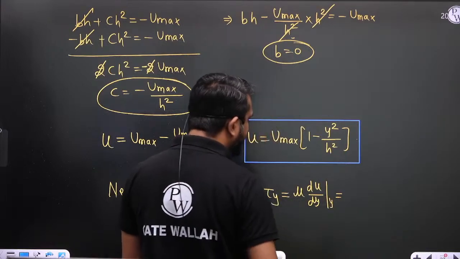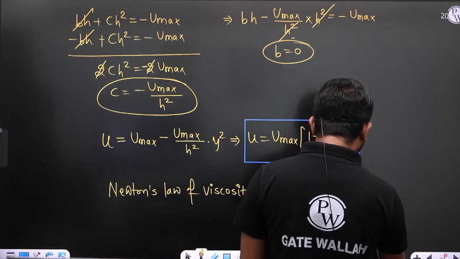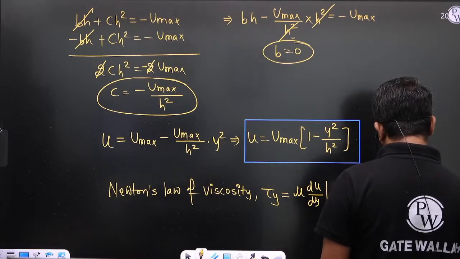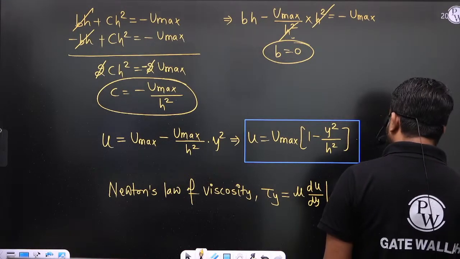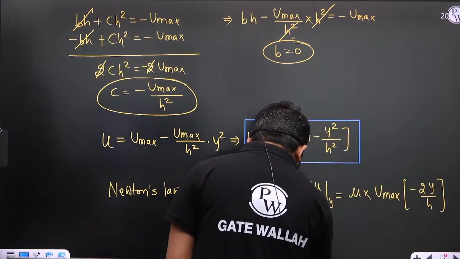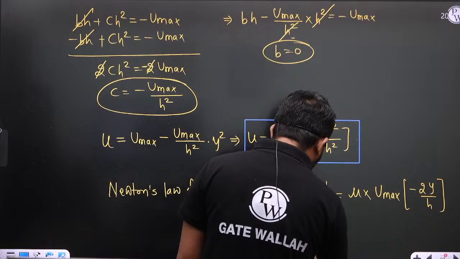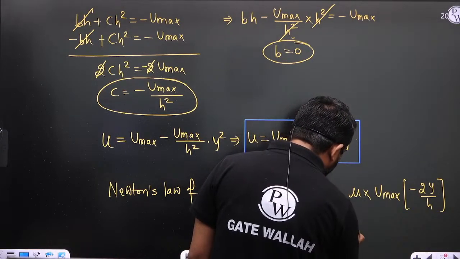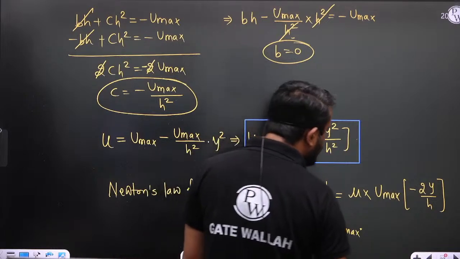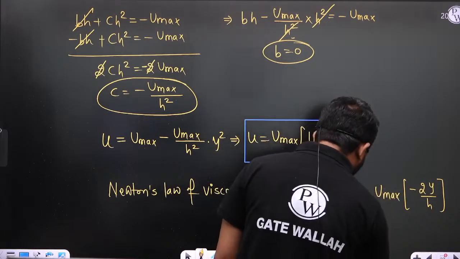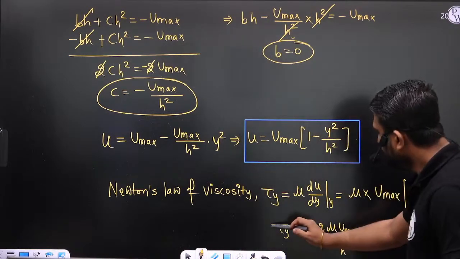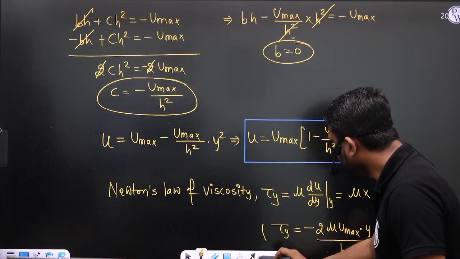So du by dy is u maximum into minus 2y by h square. So shear stress at any y is minus 2 mu u maximum y by h square. This is the shear stress mathematical expression at any y.